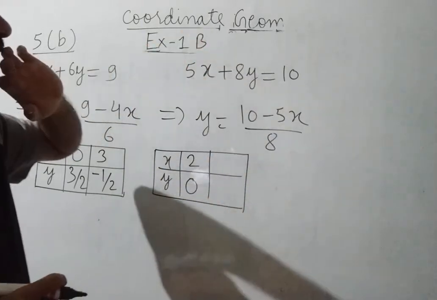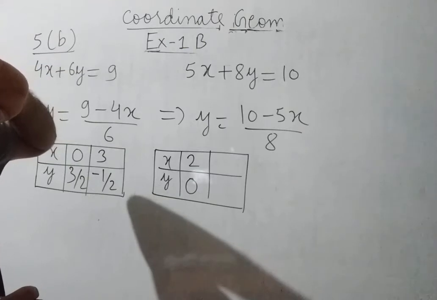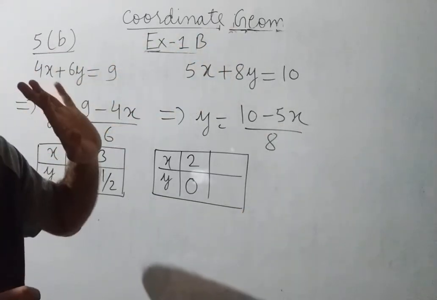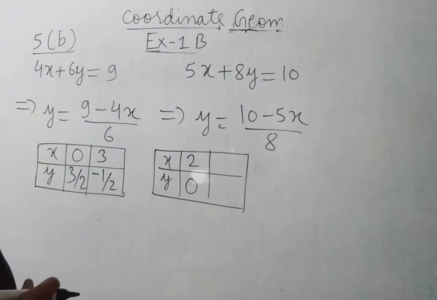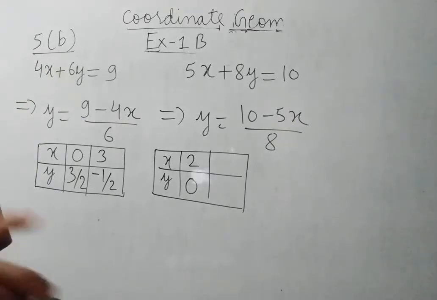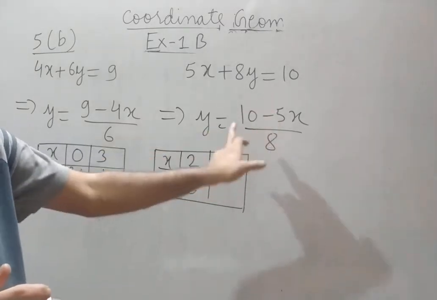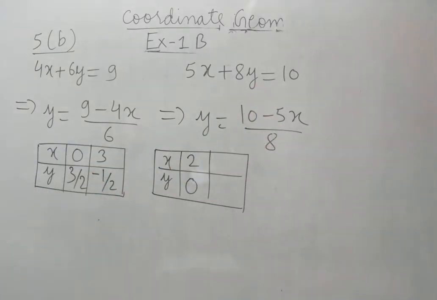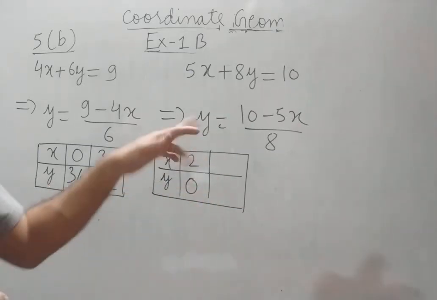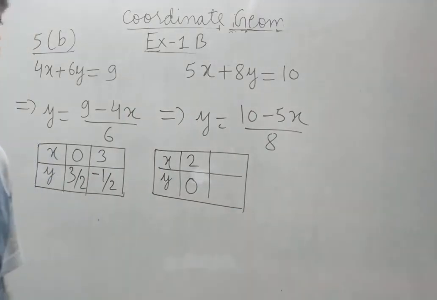If x is 0, y will be 10 by 8, which means 5 by 4. 5 by 4 can be plotted, yes, but take other values. Maybe x is equal to 1, 2, 3, whatever. If x is 2, we have got it. x as 3, no, 4, no, 5, 6, plus 5, minus 5, plus 6, minus 6.